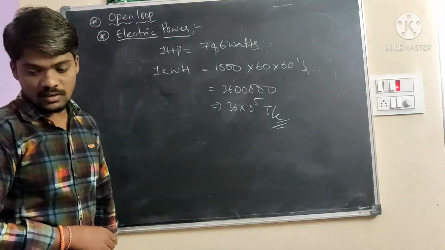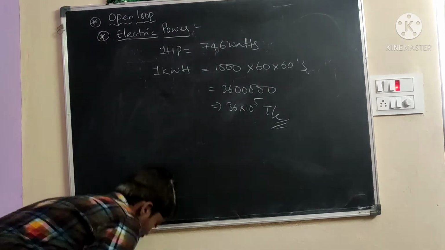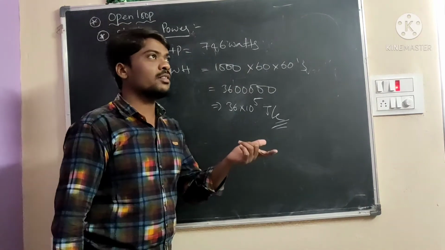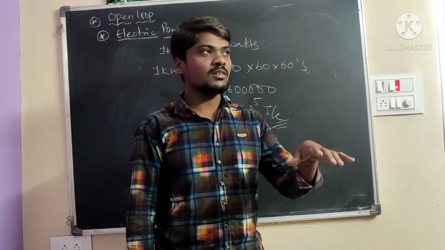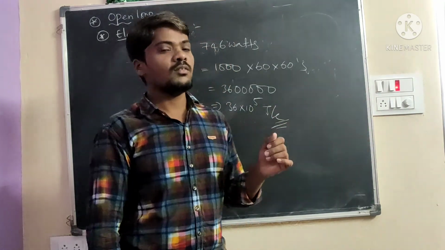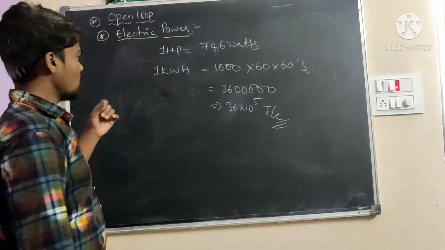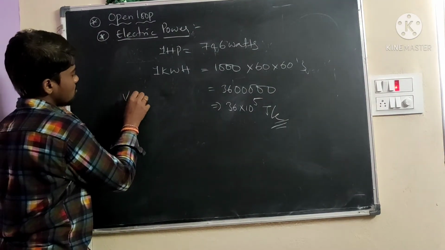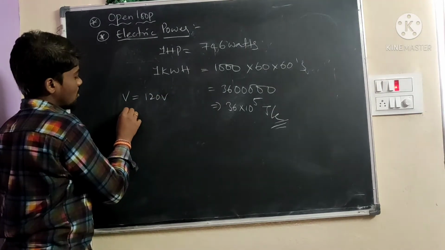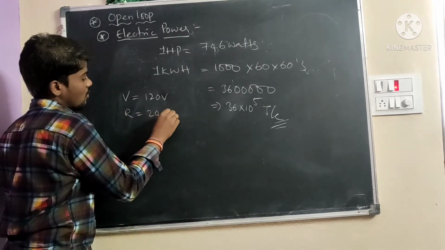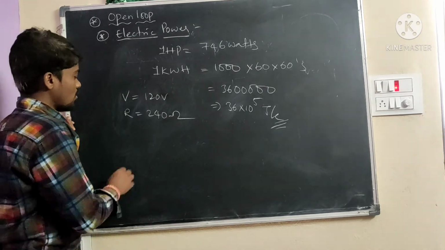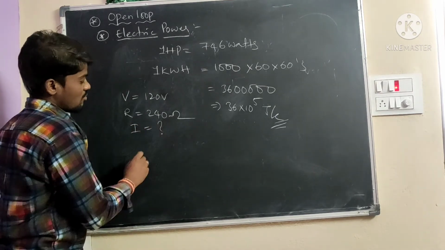Next, for example, in bulbs nowadays we are given some values, the resistance value and how much potential is applied to the bulb. Some values are marked on the bulb. For example, bulb potential is 120 volts and resistance is 240 ohms. We will find out how much current passes through the bulb.